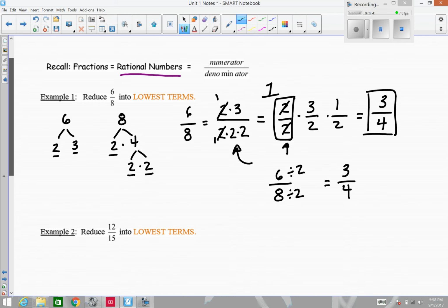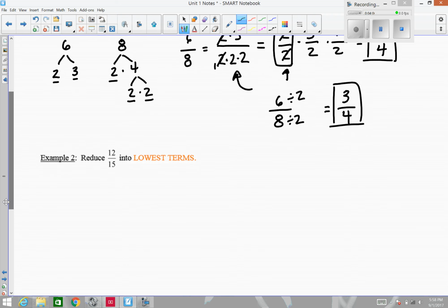And doing this method, we still get our lowest terms of 3 over 4. So whichever way works for you is fine. You just want to make sure you can get it to lowest terms. And sometimes when you have larger numbers, the way to do that is using this first method, where we go with prime factorization. All right, let's look at another example, 12 over 15.